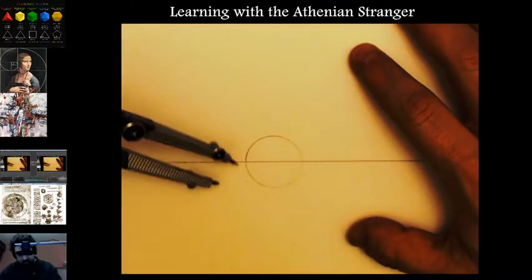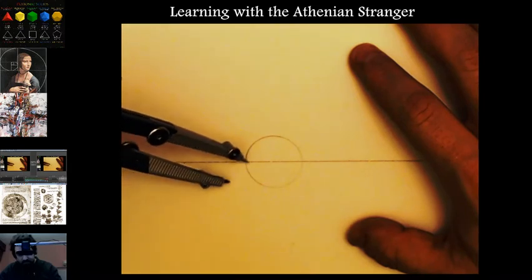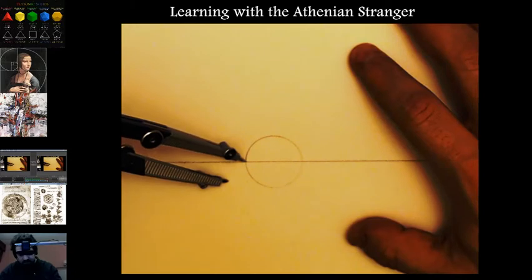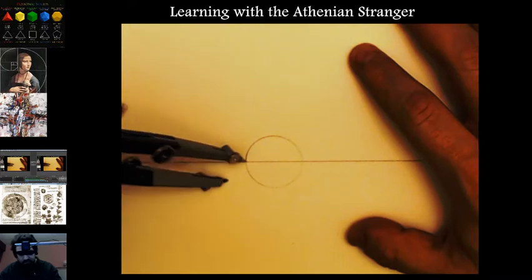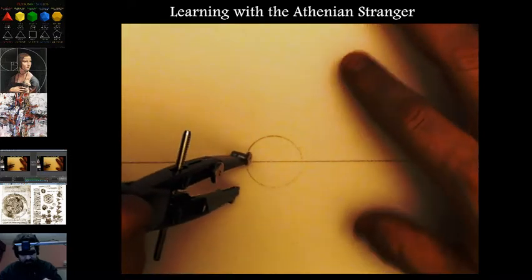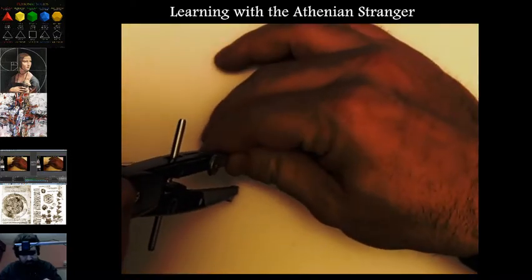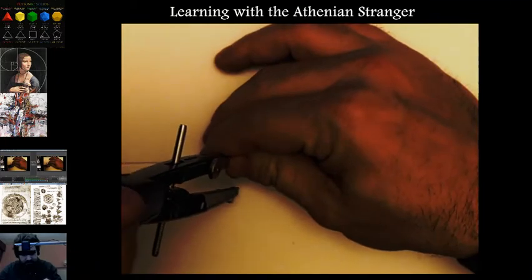And then if we place our point at the edge of the circle where it crosses the construction line, we can draw a second circle of equal size that creates what's called a vesica Pisces.